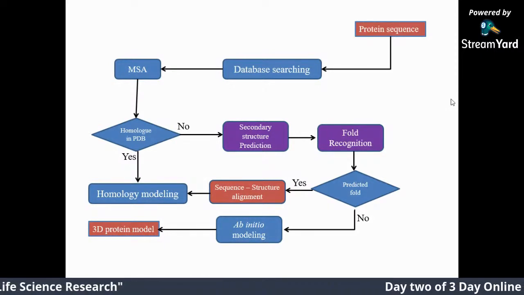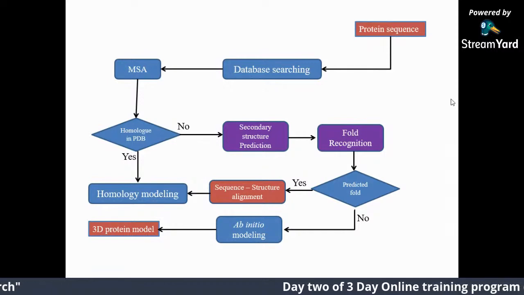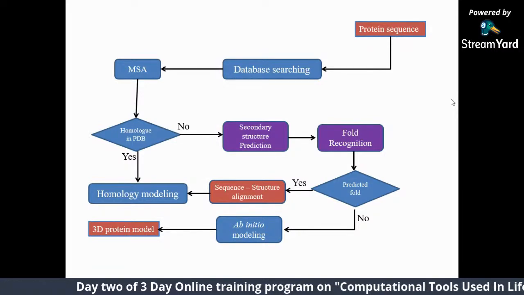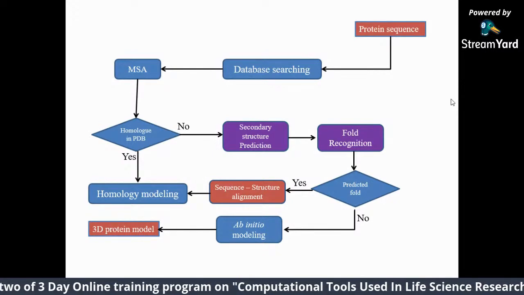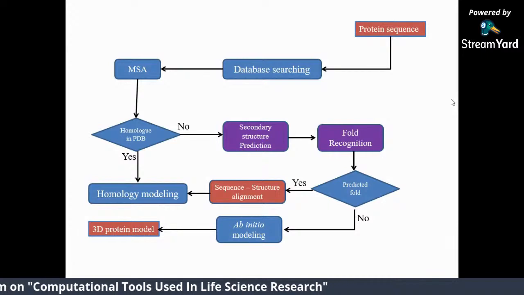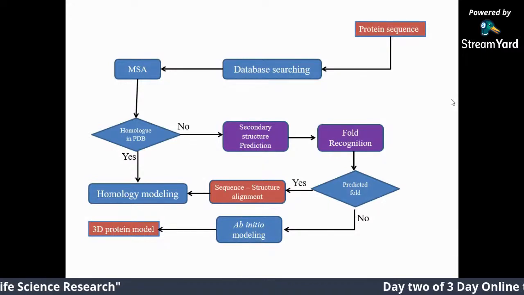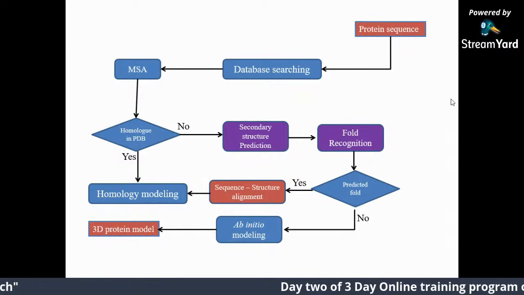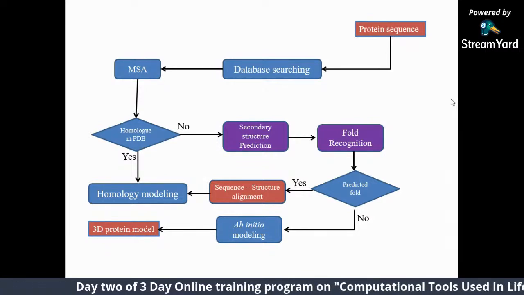And if we don't get a homolog with more than 40% similarity, then we'll go for ab initio modeling. And there is another one, that is the fold recognition method. There we need to find out the secondary structure based on the database search. Then we'll go for fold recognition.